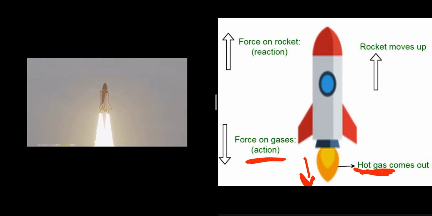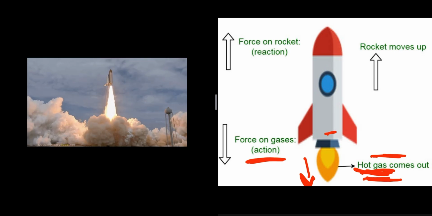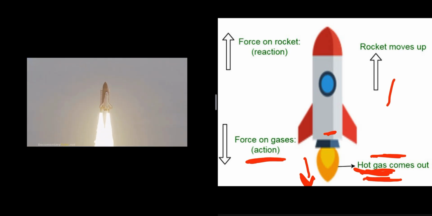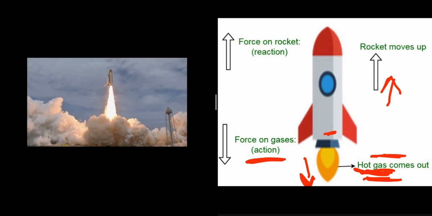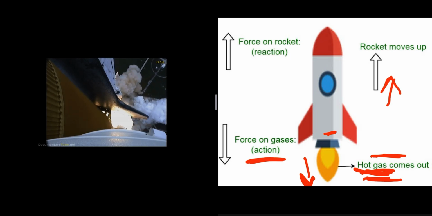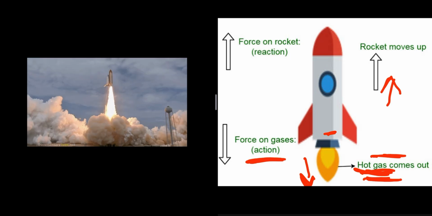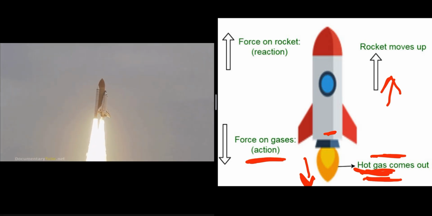Now in return, these gases will also exert a force on which? On the rocket. In which direction? Upward direction. This upward force will help the rockets to fly. Clear, students? So all this is using Newton's third law of motion, that for every action there is an equal and opposite reaction.